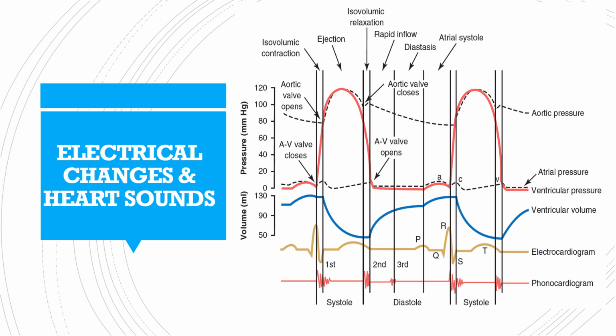Electrical changes in the ECG appear in the form of waves that are called electrocardiogram. So the first wave is the P wave and it appears during atrial systole and it marks the depolarization of the atria and atrial contraction.